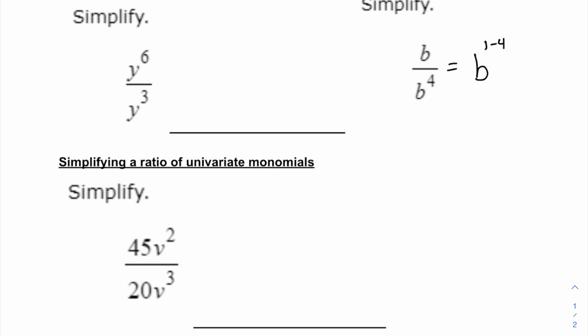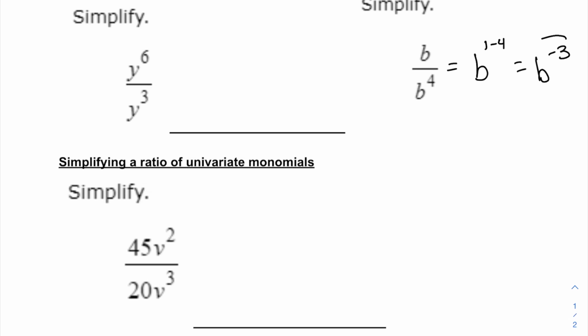You have to do the top one minus the bottom one. You cannot choose to do the bottom one divided by the top one. It's always the top minus the bottom. So 1 minus 4, well, that is negative 3, right? We cannot leave a negative exponent in our answer.